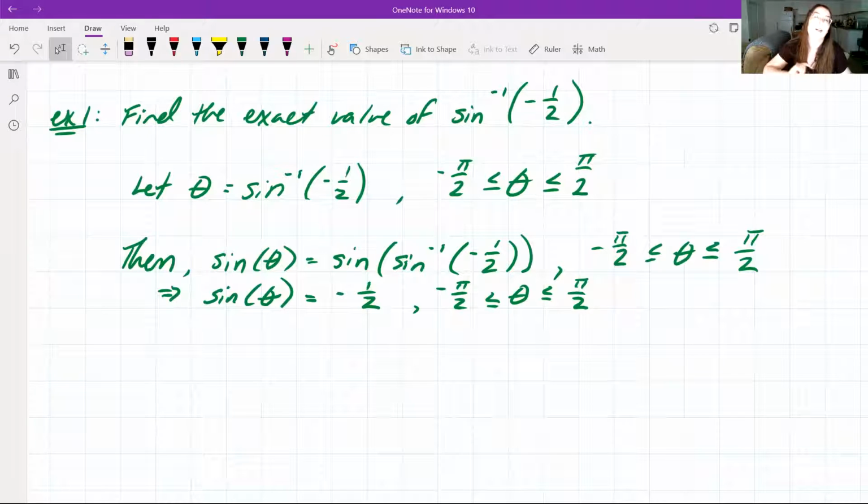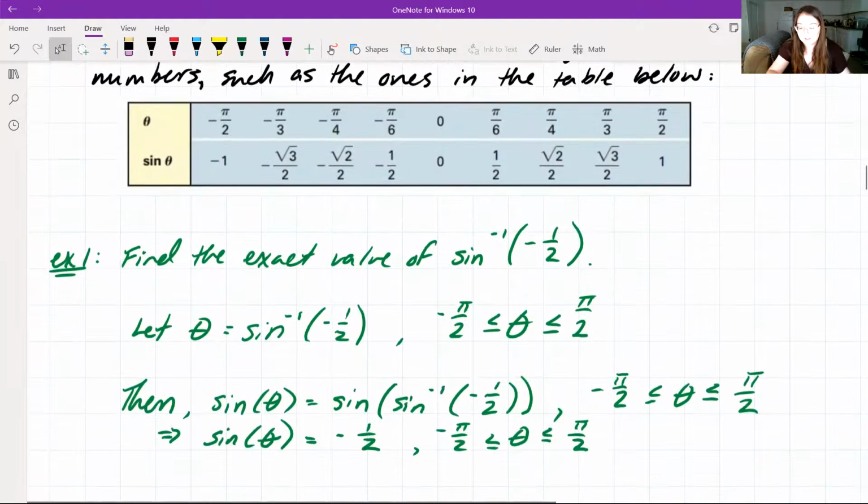Now we need to find the actual theta value. If we look up here at our table, we know our answer is -1/2, which means that our angle must be -pi/6.